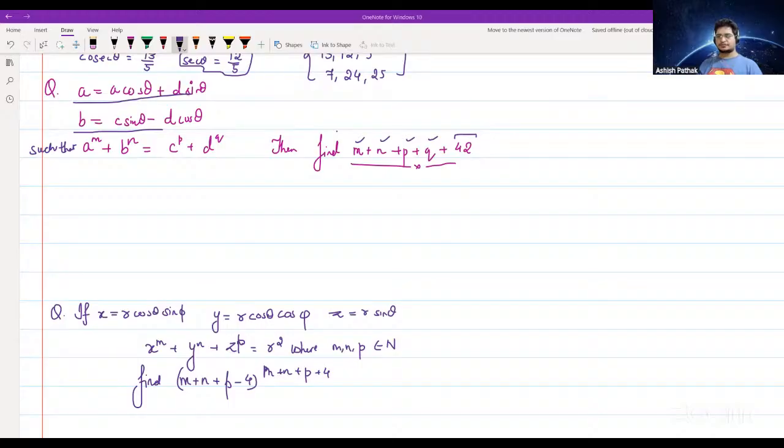How will you solve? If you are substituting anything, are you getting any value from there? Have you got any value if you are substituting the values?